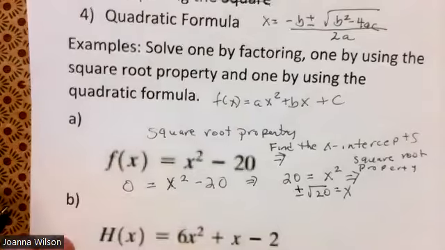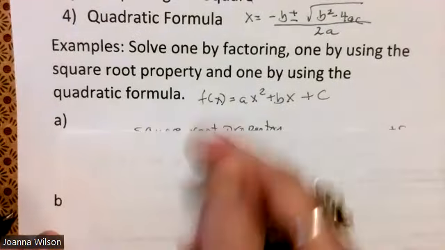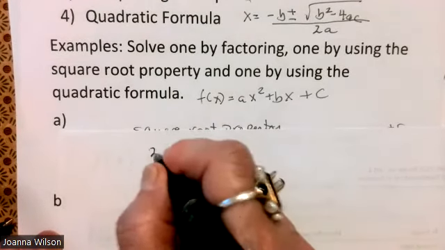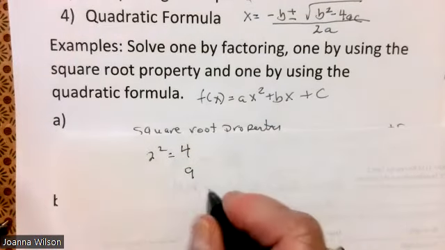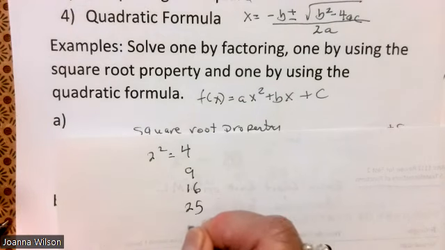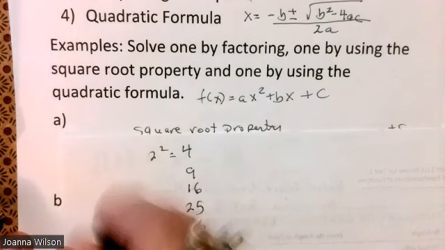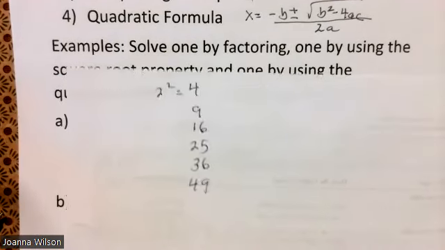Here are some of the perfect squares. 4 is a perfect square, that's 2 squared. Then 9 is a perfect square, and 16, and 25, and 36, and 49, and so on.